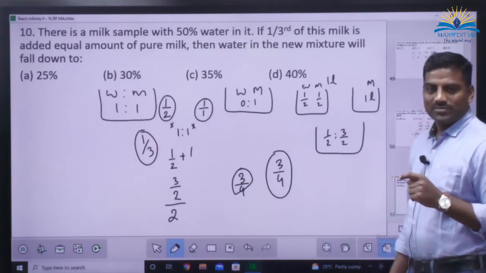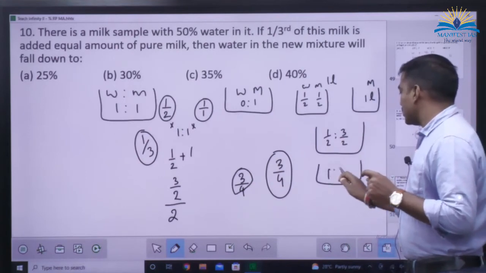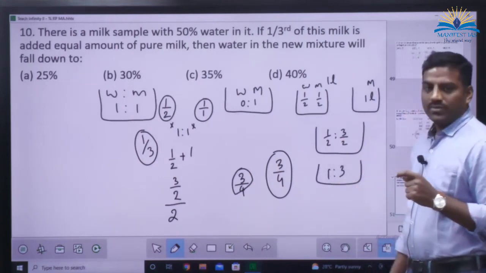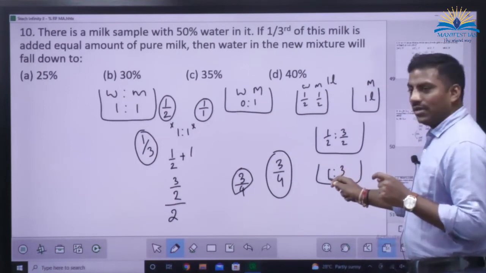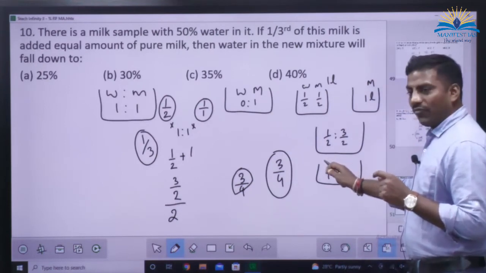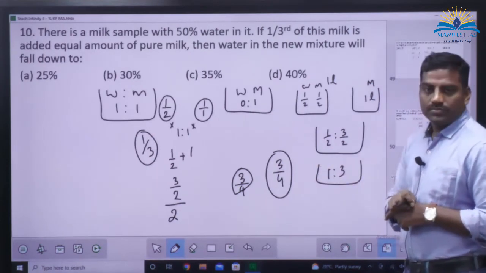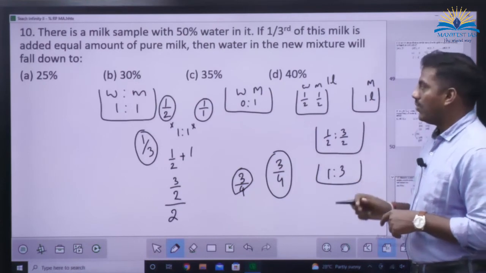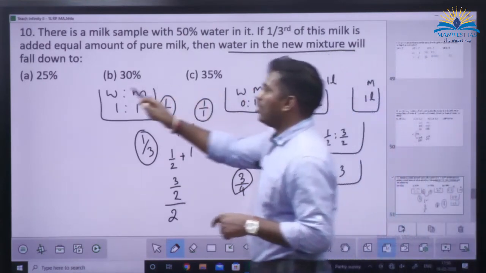Yes or no? 1/2 is to 3/2 is what? 1:3. Here what does it mean? 1 part of water and 3 parts of milk. Now they are asking, the water in the new mixture will fall down to what?